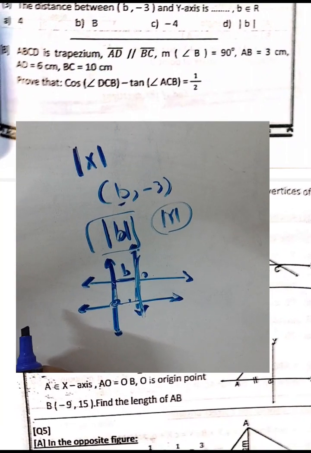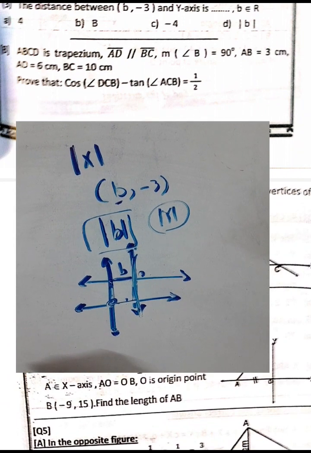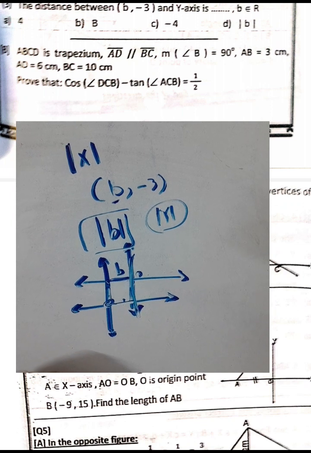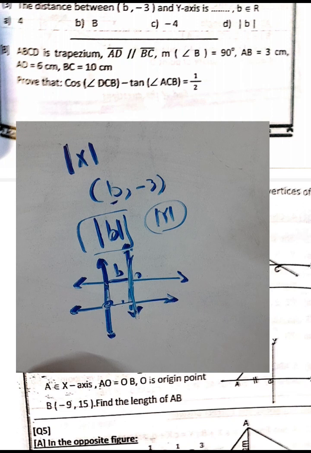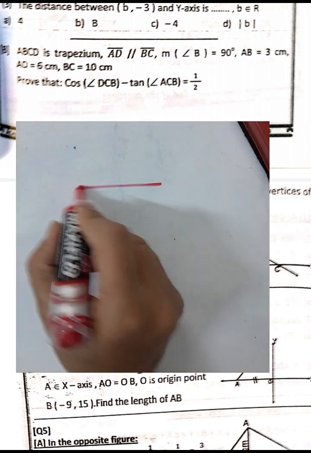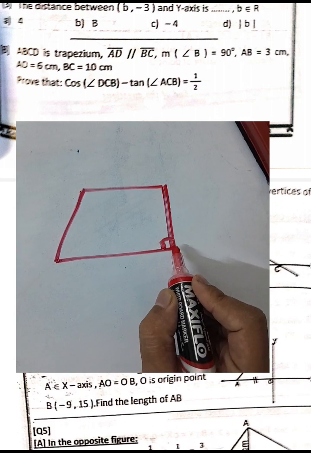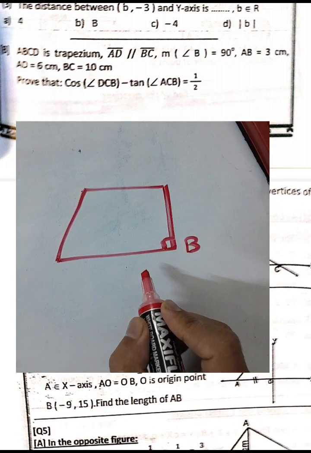Next question. If ABCD is a trapezium and AD is parallel to BC, the measure of angle B is 90 degrees, and AB equals 3 cm, AD equals 6 cm, BC equals 10 cm, prove that cosine of angle DCB minus tan of angle ACB equals half. Okay, first step in this example, you must draw the trapezium. Okay, he tells us we have a trapezium, right angle at this point B. Measure of angle B equals 90 degrees.